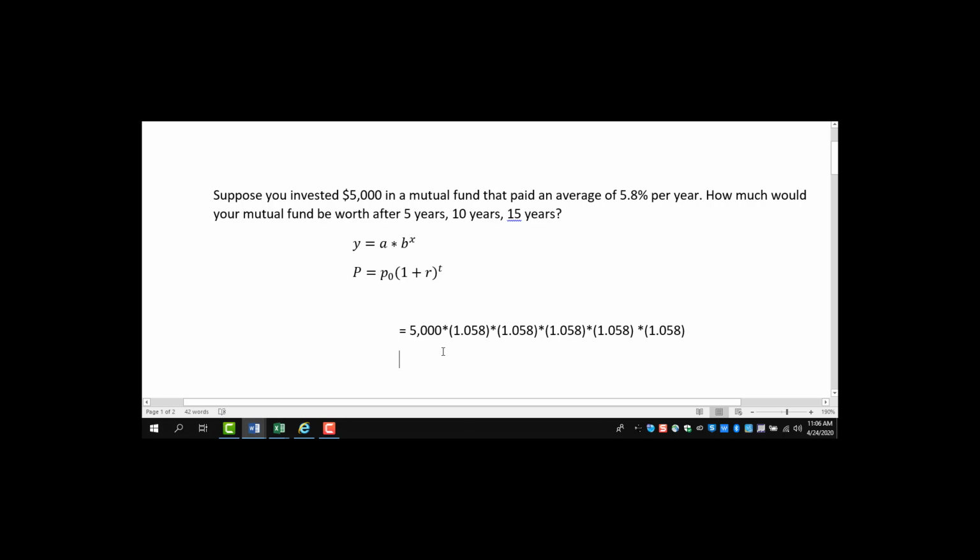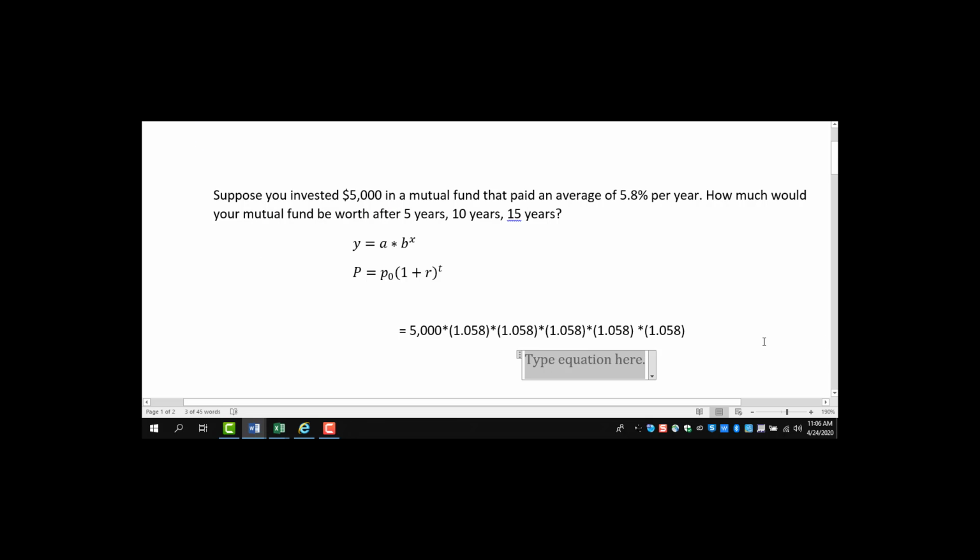Now, hopefully you know that a shortcut to repeated multiplication is exponentiation. So instead of doing this, what we do is simply the following.